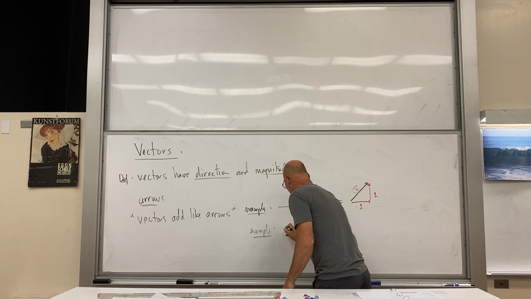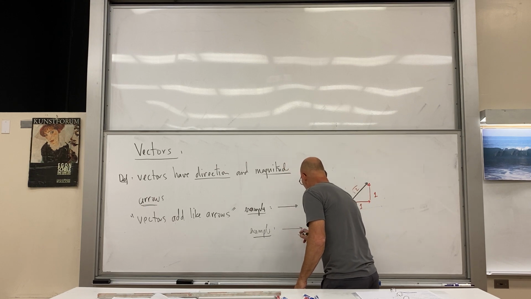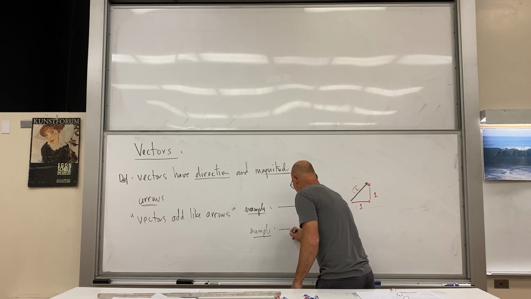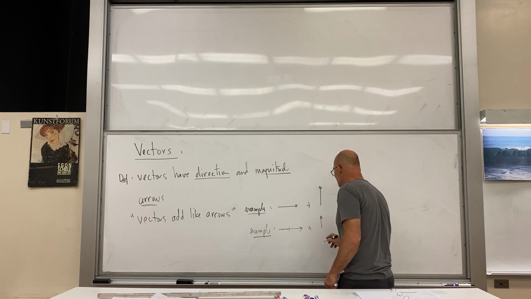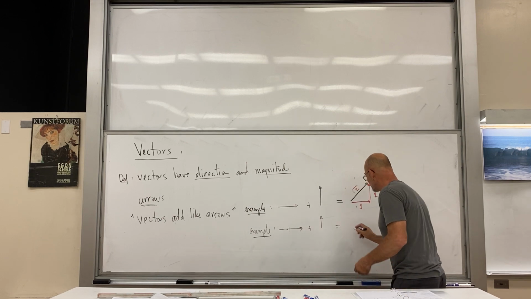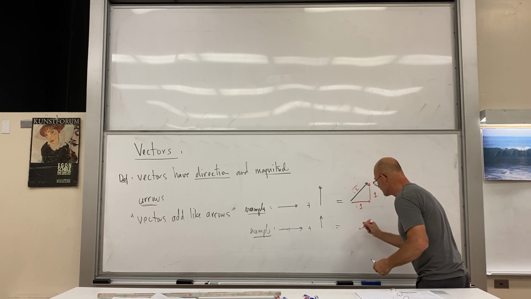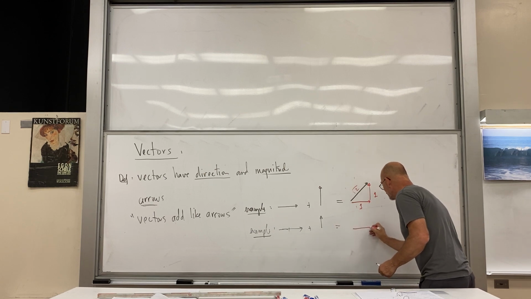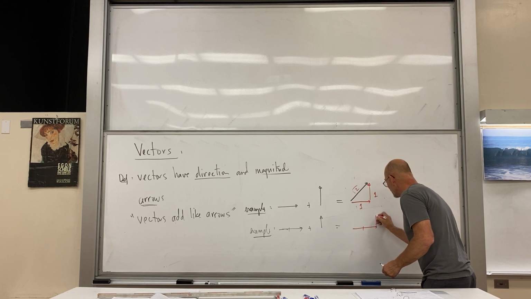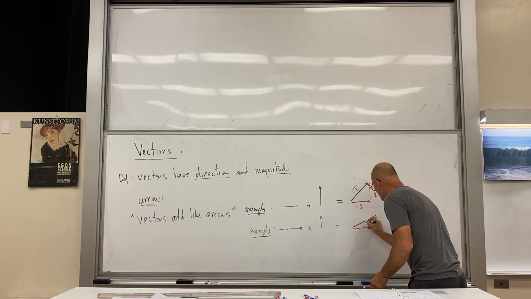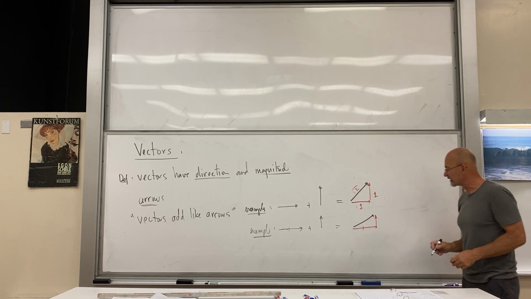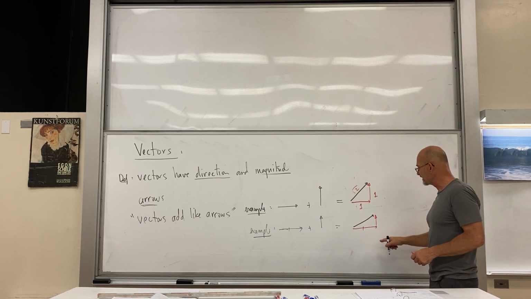And we could do 2 units plus 1 unit equals, and I'll do the same thing. This time I'm going over 2 and up 1. That's where it points. And what is the length here?